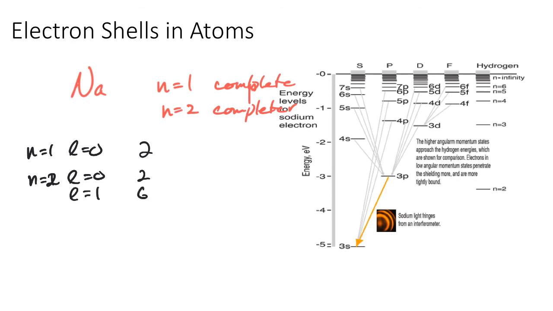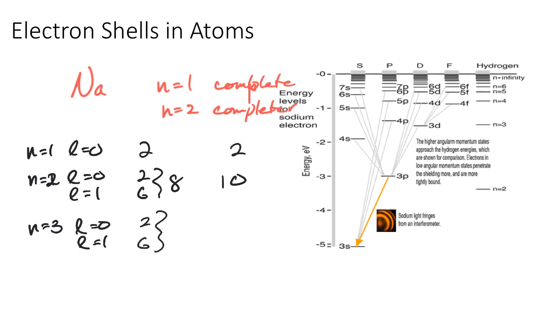We can have 6 electrons there, and so these together make 8. So we have a shell of 2 and a shell of 10. And then we go to n equals 3, and we do L equals 0 and L equals 1 again. But the gap to L equals 2 is too big, so we just stop there, and we have the 8 here and the 18.